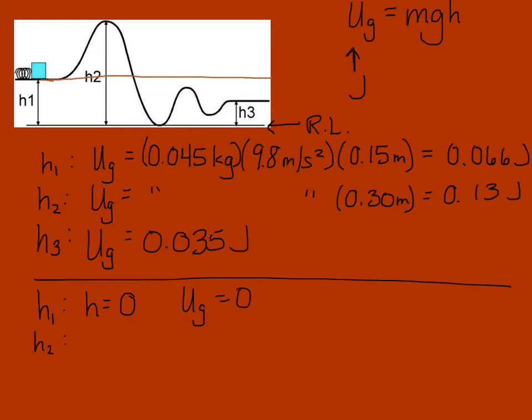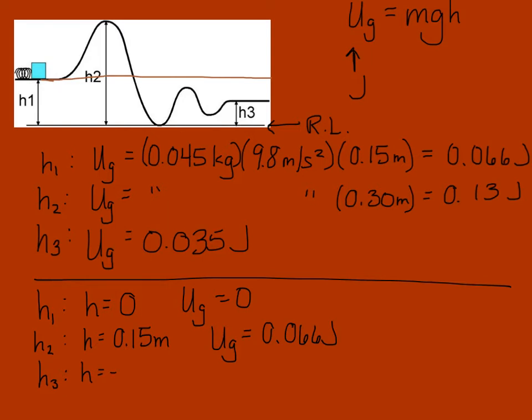At h2, we multiply that mass times g. The height at h2 is going to be the difference between h2 and h1, which is 15 centimeters or 0.15 meters. In this case, I'll end up getting a value of 0.066 joules. And then h3 is located below my reference level.